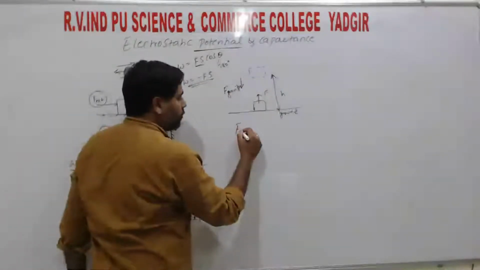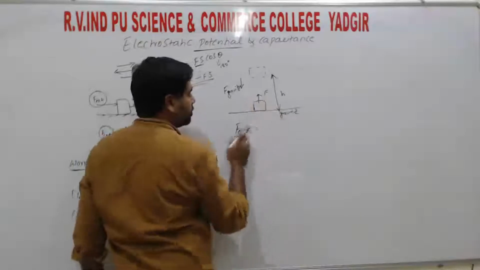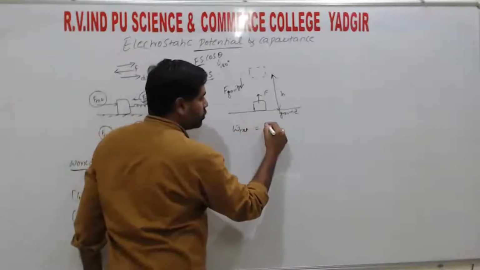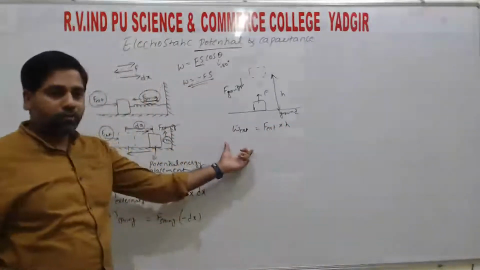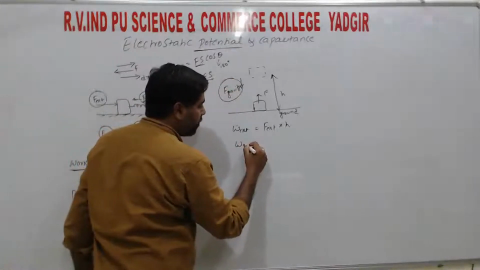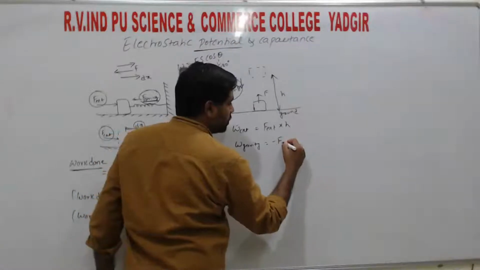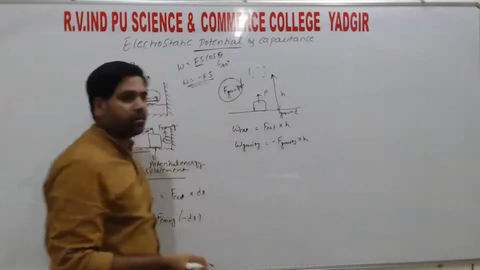So work external is equal to force external into height. We get the positive value. If we find the work done due to gravity, that is equal to minus F gravity into height, right?